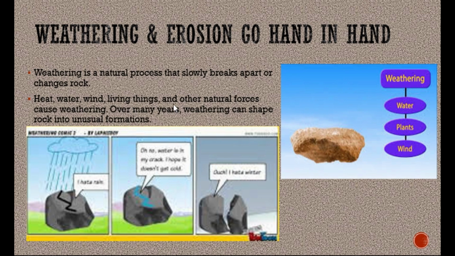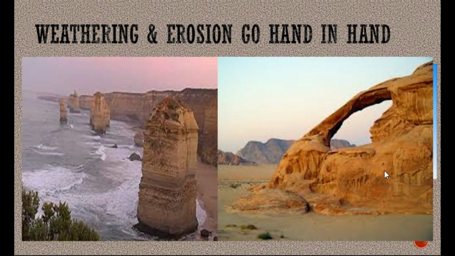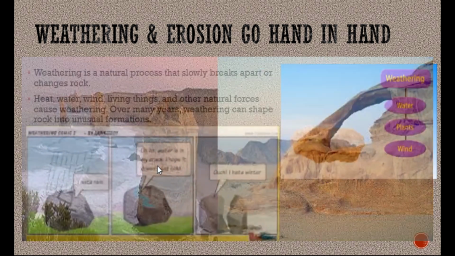Heat, water, wind, living things such as plants and small burrowing animals, and other natural forces cause weathering. Over many years, weathering can shape rock into unusual formations like these. These structures are not man-made but were caused due to constant weathering over millions of years by forces of nature such as wind or water.